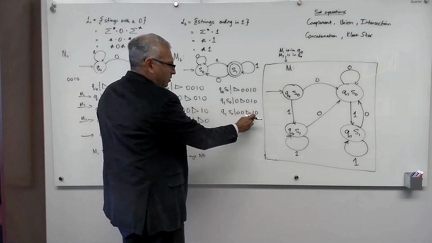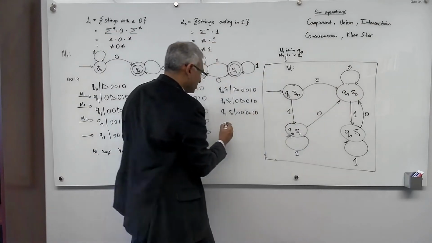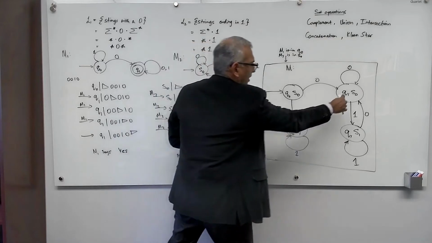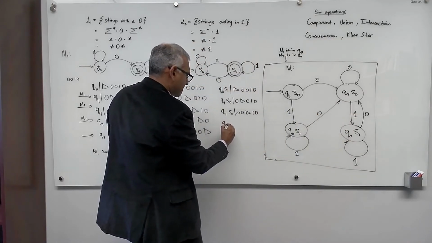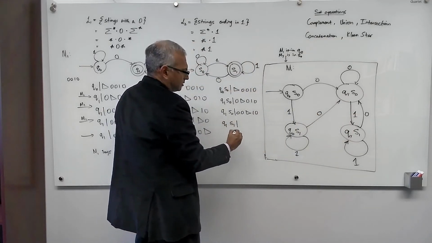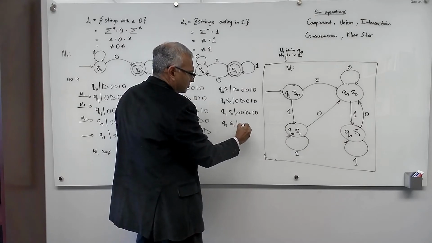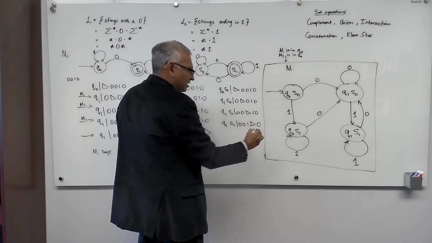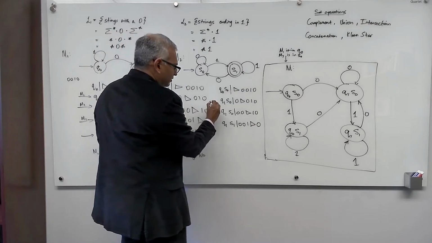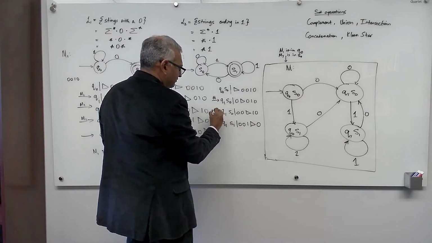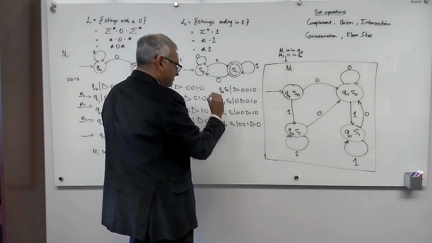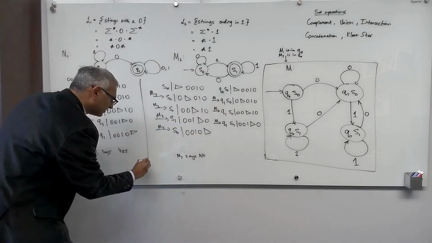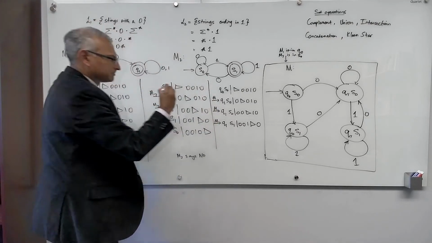We process the 1 from this state Q1, S0, and the 1 takes us to Q1, S1. We still have the 0 left to process. By the way, this is M under the influence of M, so I'll draw a line here, and a line here.